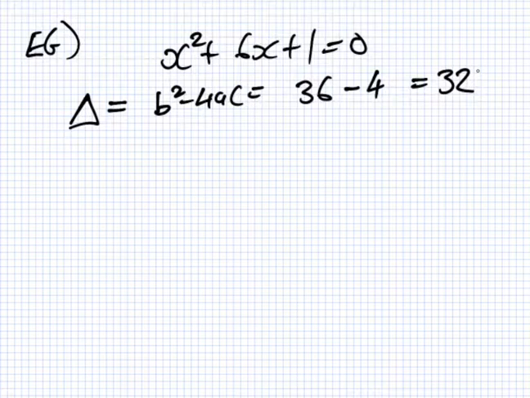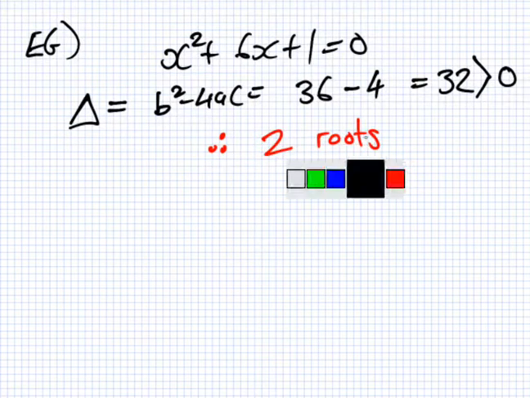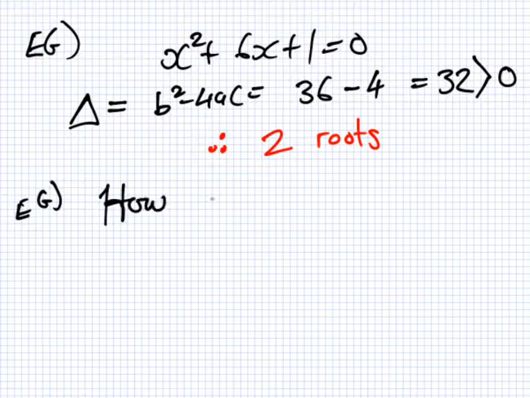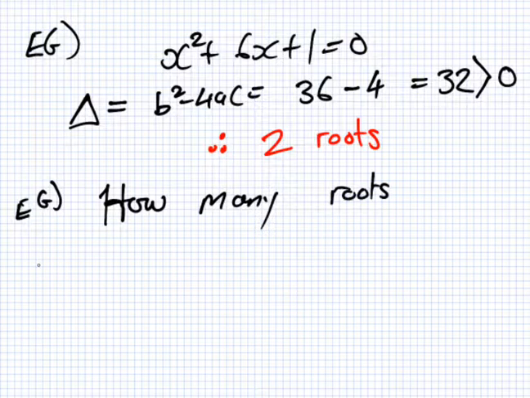Right. Let's have a look at some examples here. So, for example, if you had a quadratic like this, and I ask you how many answers does it have, you just need to calculate the discriminant, which here will be 36 minus 4, which is 32, which is positive.